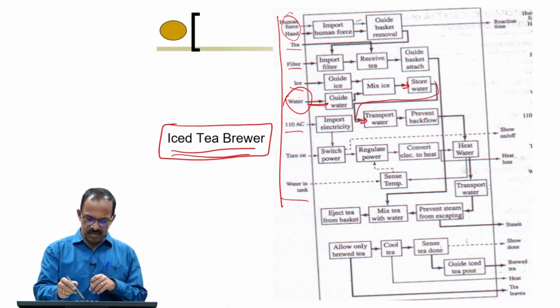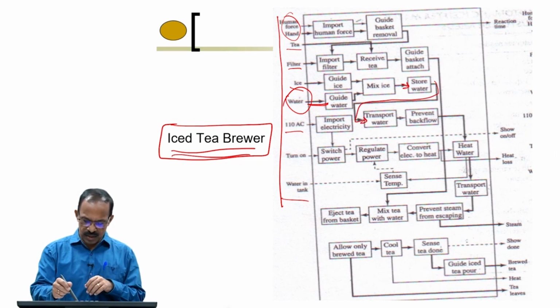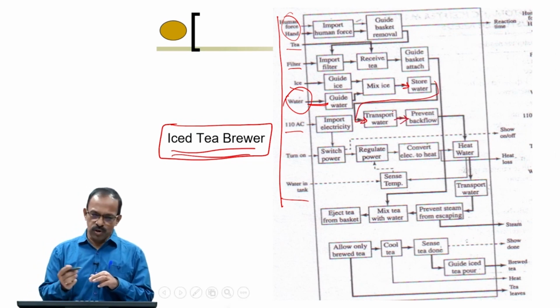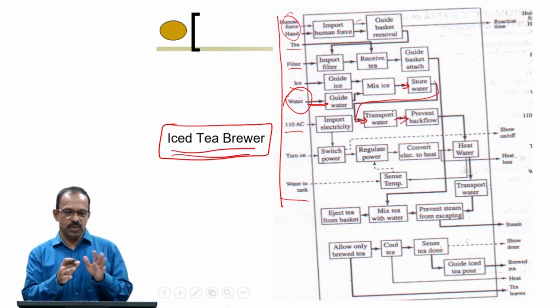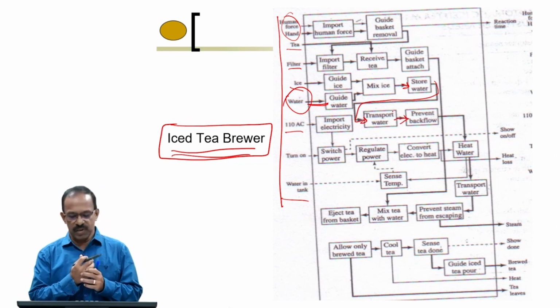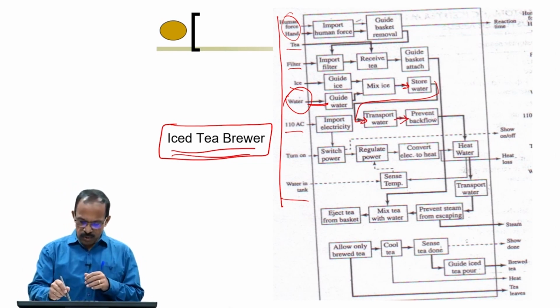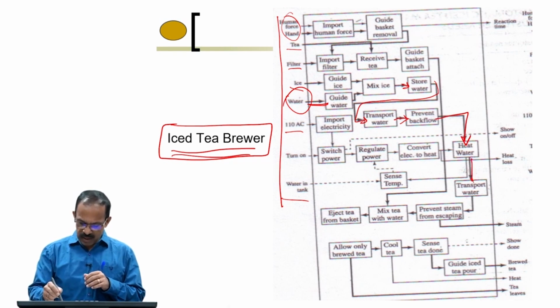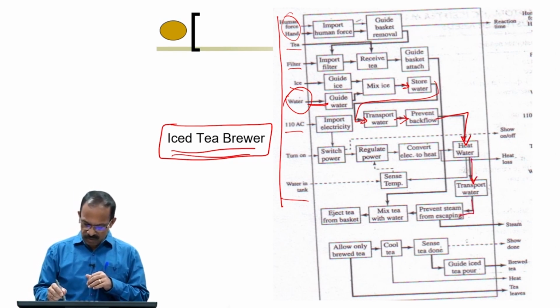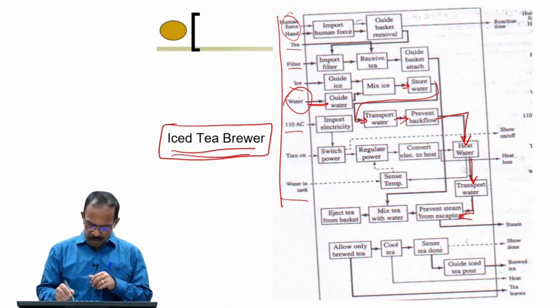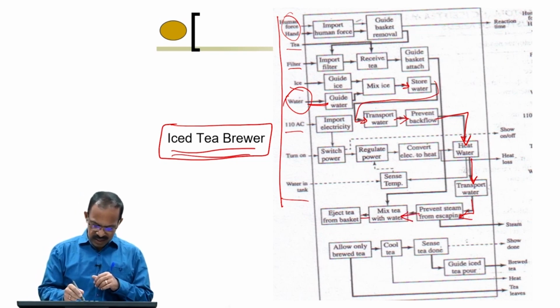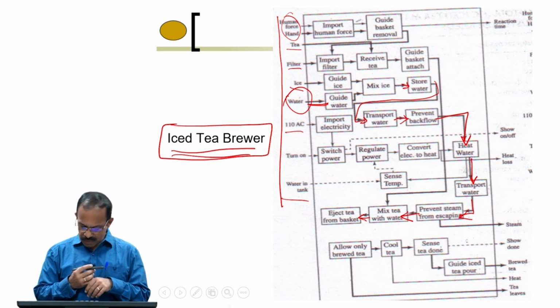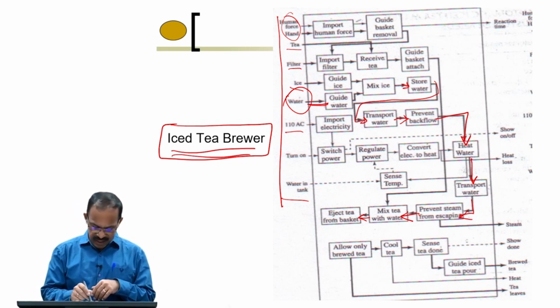Here you are mixing water with the ice and then transporting the water, and while transporting you need to prevent the backflow, so there should be some kind of valves to prevent the backflow. Then you heat the water, transport the heated water, prevent steam from escaping, mix tea with water, and eject tea from the basket.